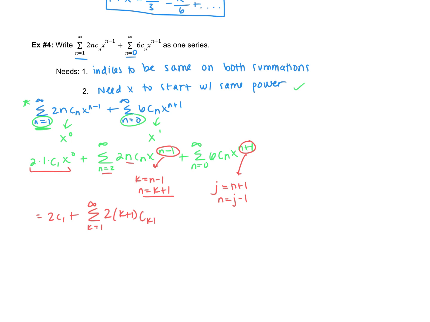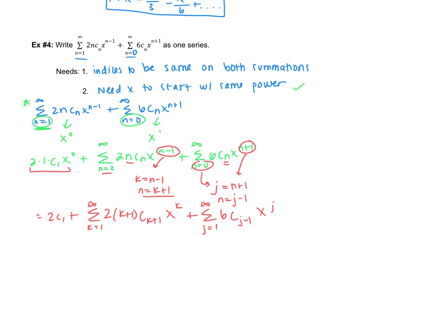I have c to the k plus 1 and x to the k. Then I have the summation. If n was 0, that's going to make j equals 1 to infinity. I have 6c instead of k. It's going to be to the j subtract 1, x to the j.